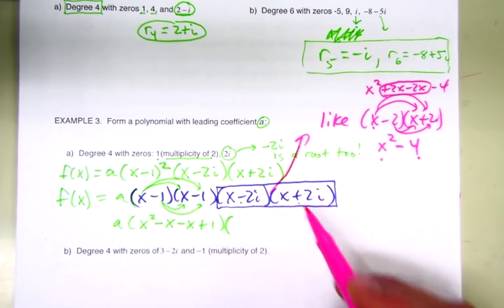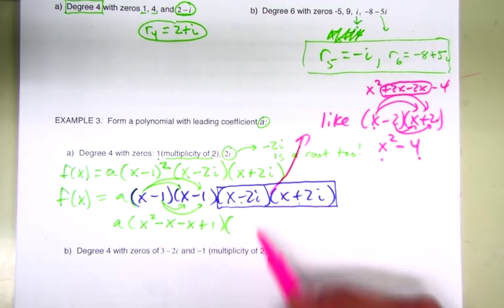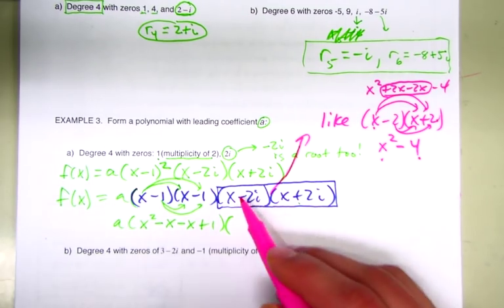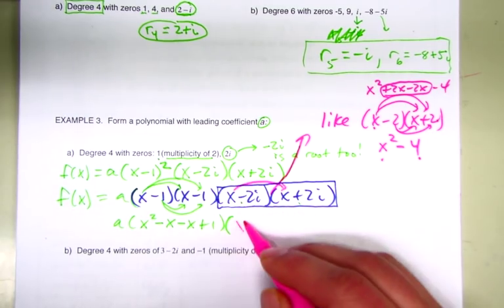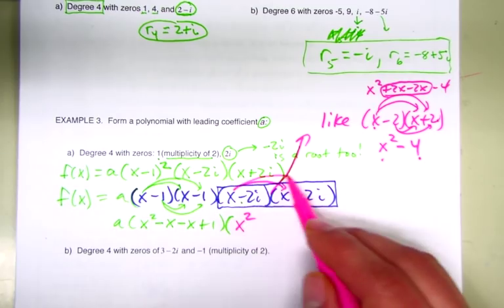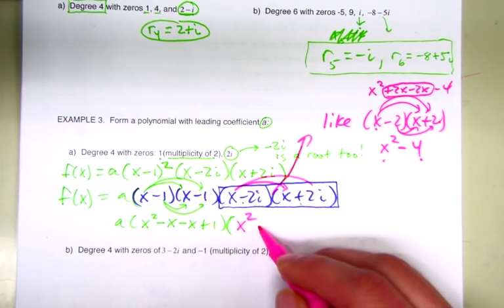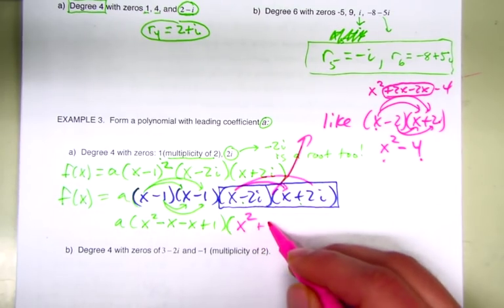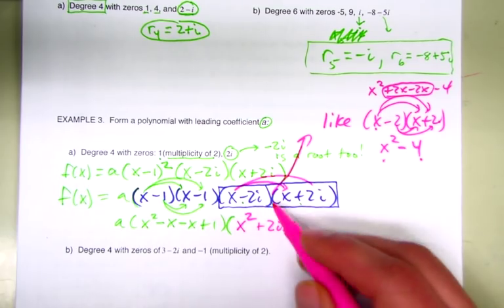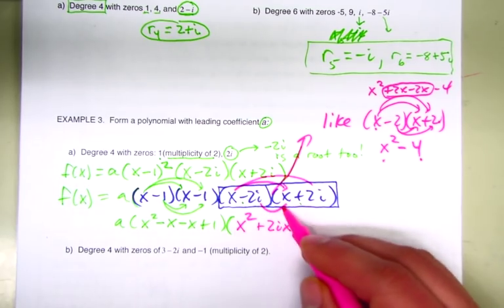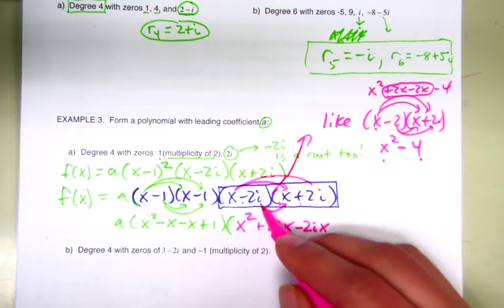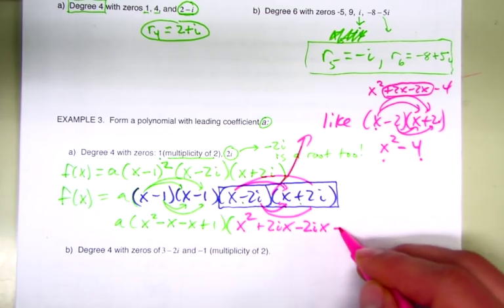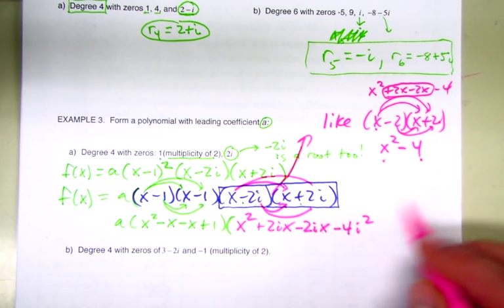Okay? So, again, I'm going to do this one step by step, but you'll see what I'm talking about here. So x times x is x squared. X times 2i is going to be 2ix. And now we multiply negative 2i with x, so negative 2ix. And then negative 2i and positive 2i make negative 4i squared.